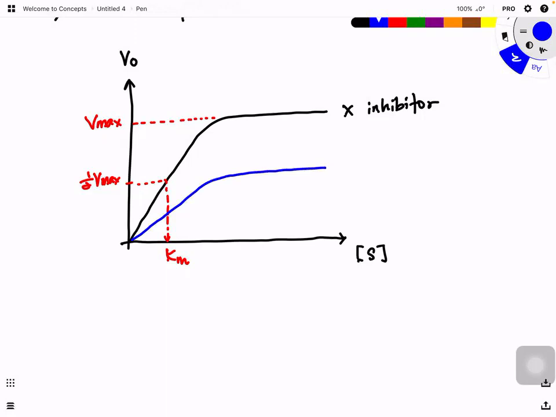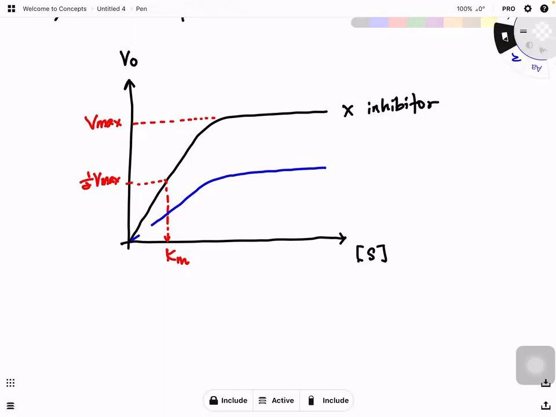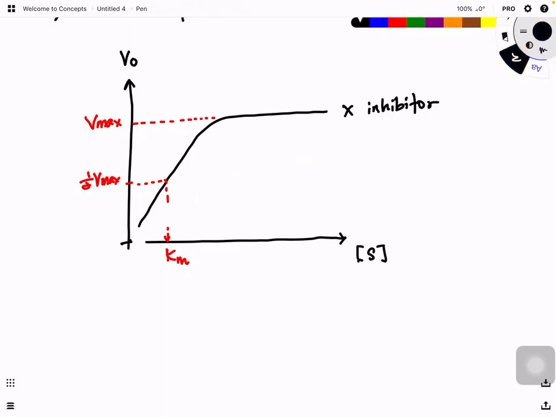Sorry, I think I should draw it another way around, better. Let me draw it nicely. This is the Km.